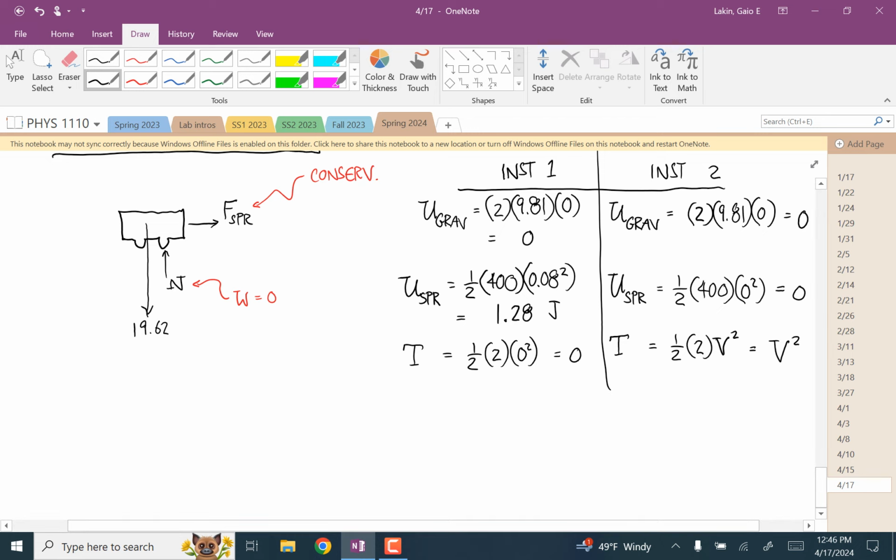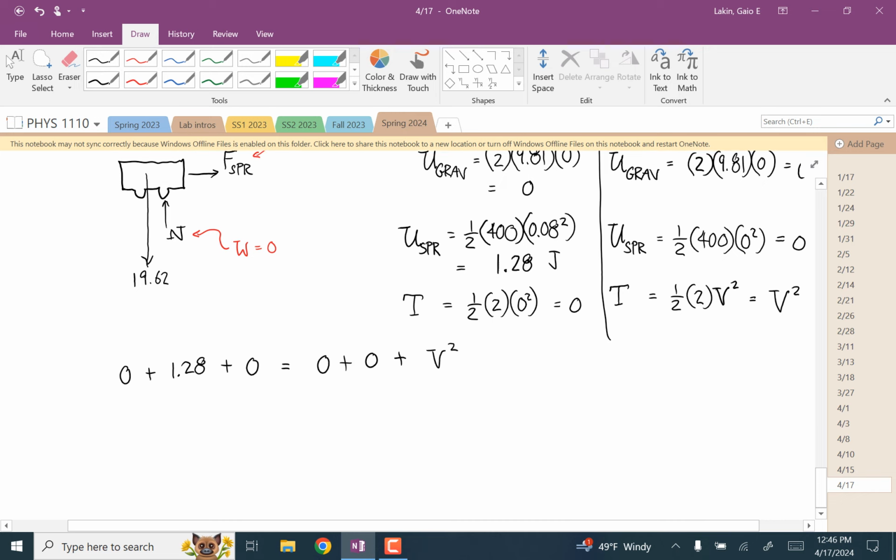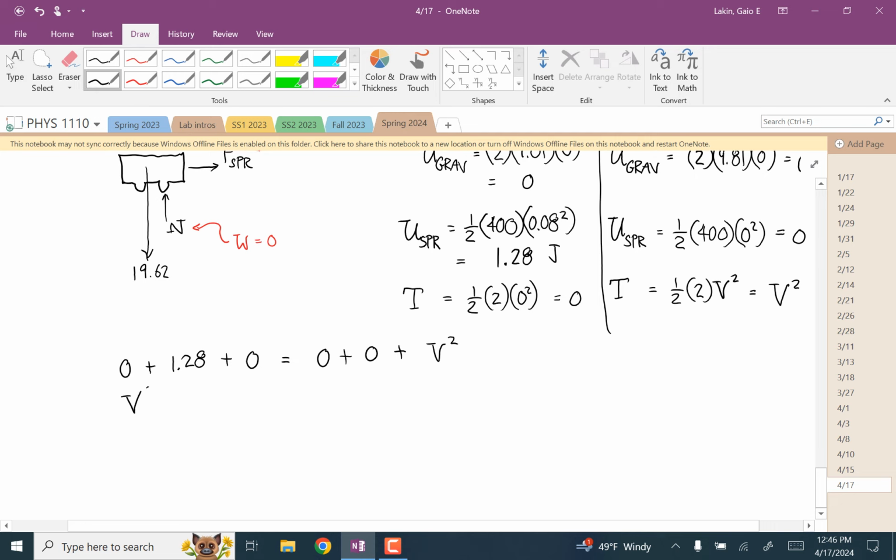Conservation of mechanical energy says 0 plus 1.28 plus 0 is equal to 0 plus 0 plus v squared. So v squared is equal to 1.28. And so the speed when the length is 0 is 1.13 meters per second.